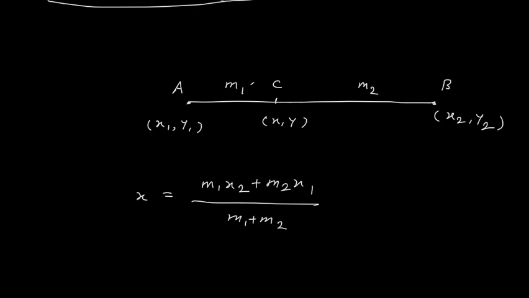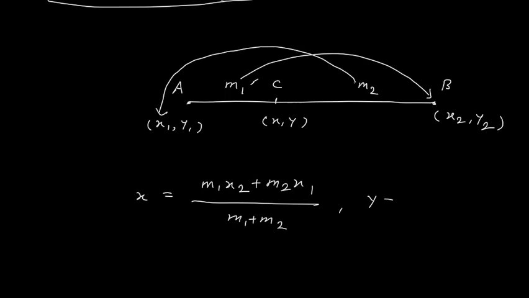So see here what you are doing, you are multiplying this m1 by this x2, and you are multiplying this m2 by this x1. Okay.